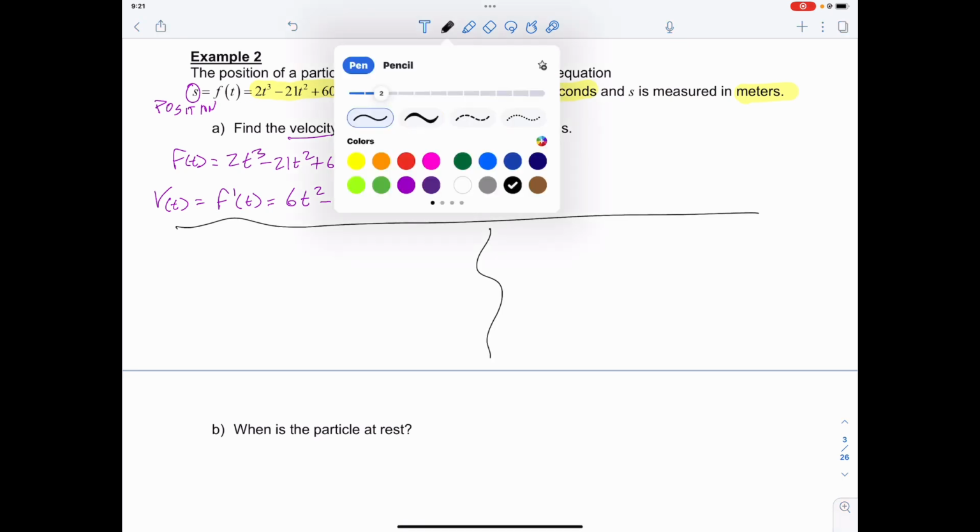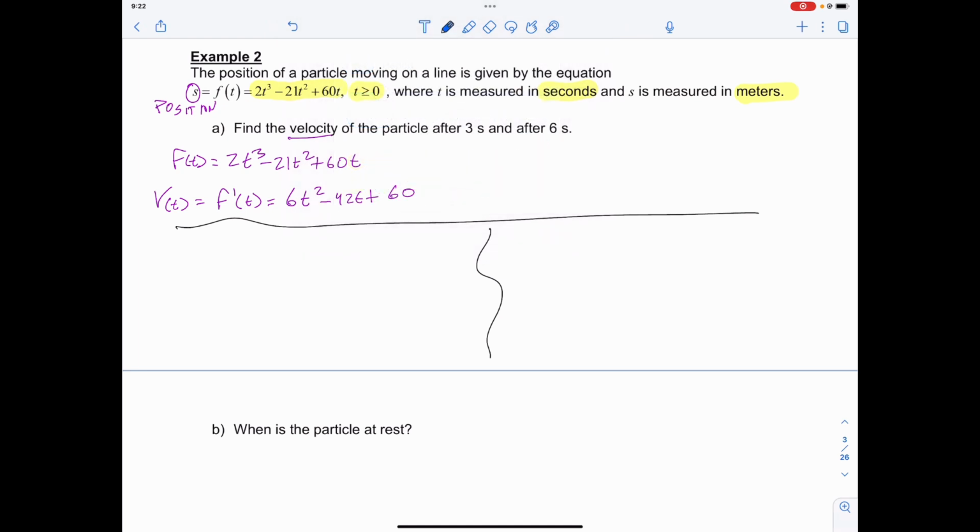If I'm trying to solve it at 3 seconds, then v at 3 is equal to 6 times 3 squared minus 42 times 3 plus 60. And then I can plug all that in and I get negative 12 meters per second.